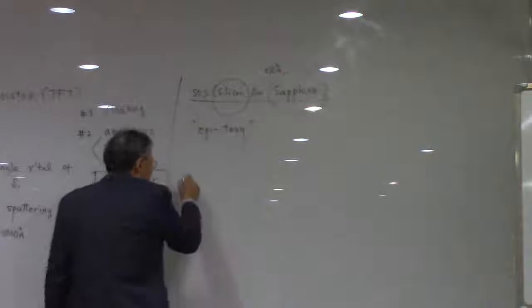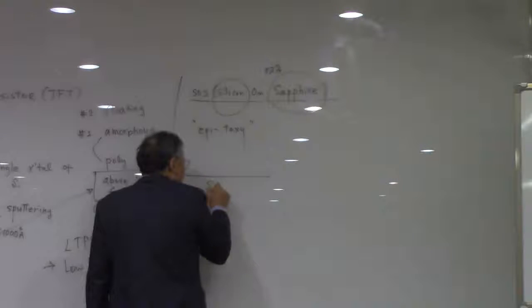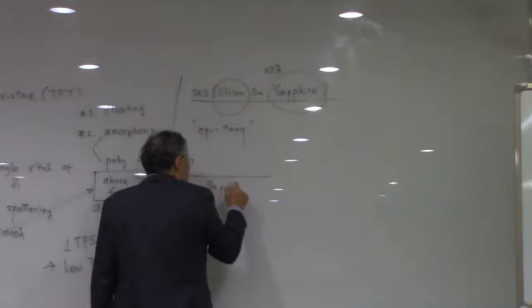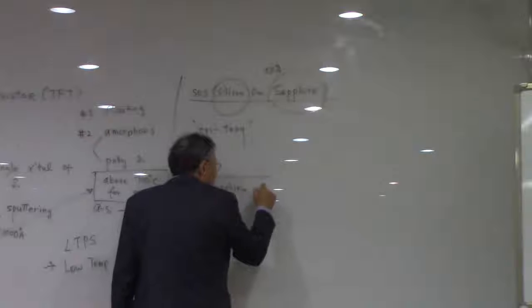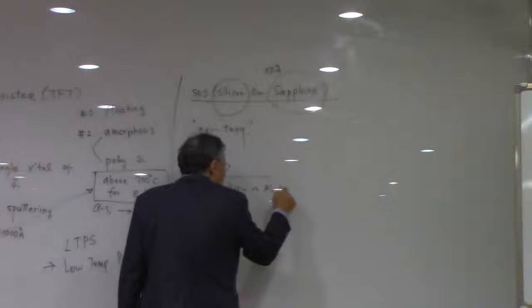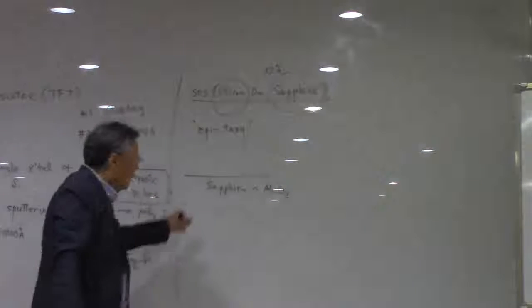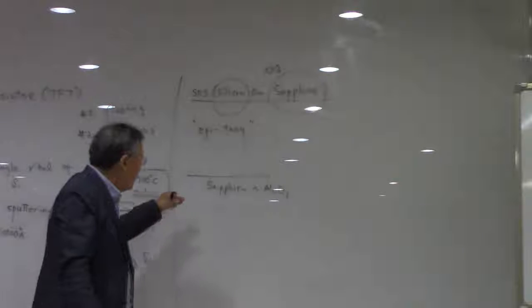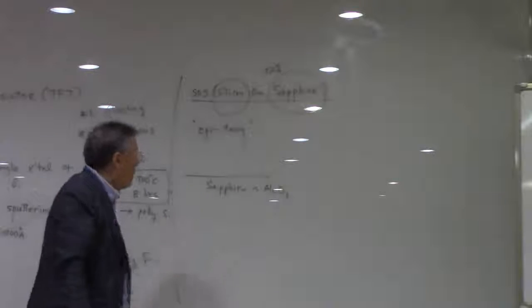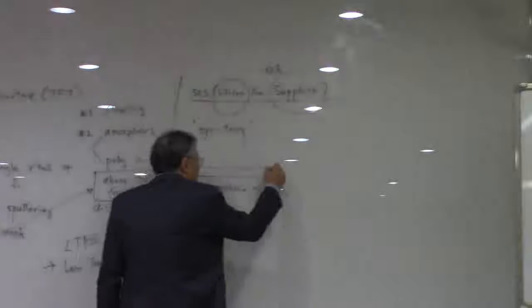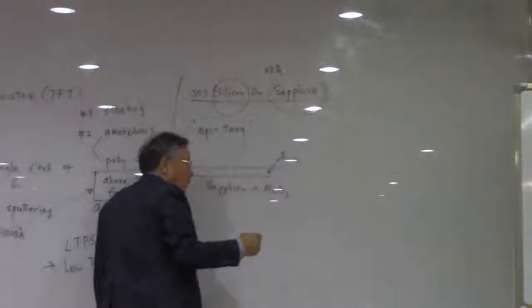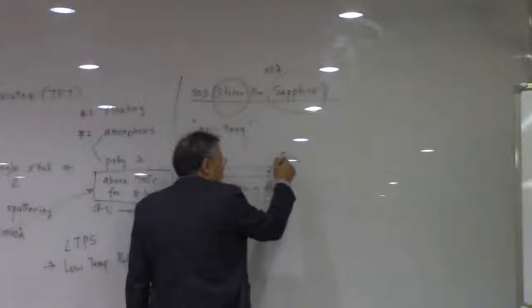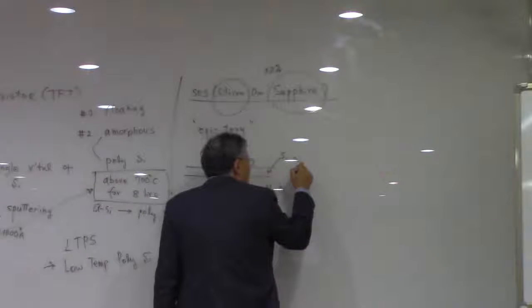In other words, if you have a sapphire here, sapphire is basically aluminum oxide, so it is an insulator. If you have a single crystal of sapphire, and then you put silicon on top of this, the crystal structure of this is very close to the single crystal.